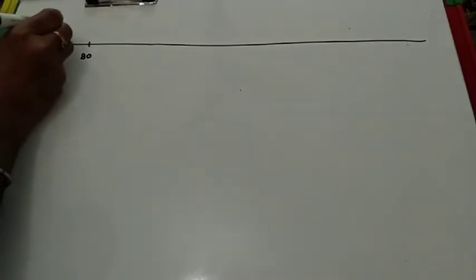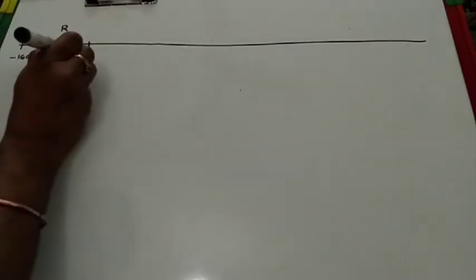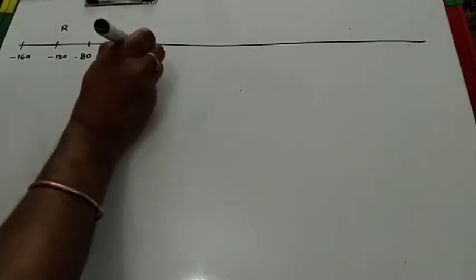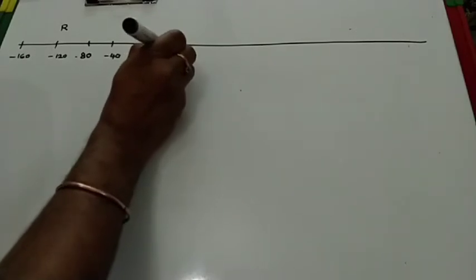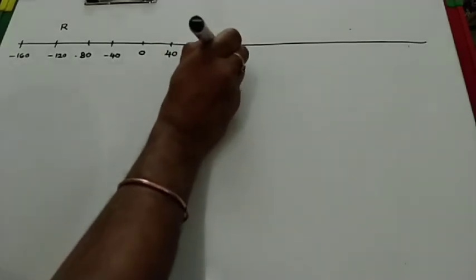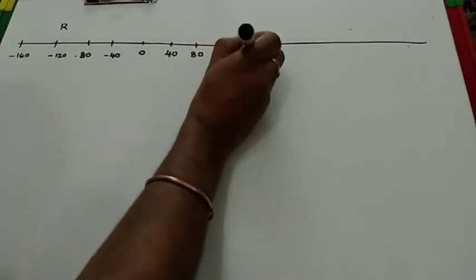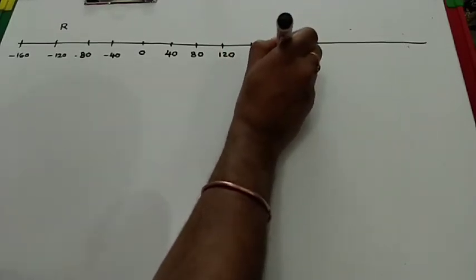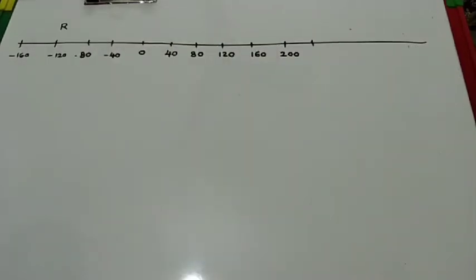Consider here minus 120 as point R, then minus 80, minus 40, 0, 40, 80, 120, 160, 200, and 240.